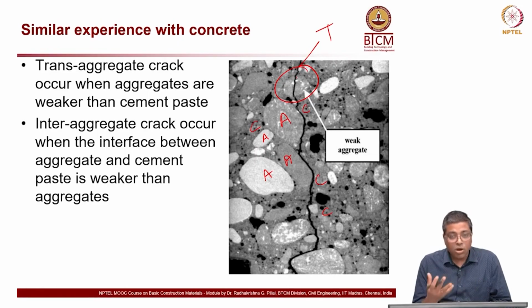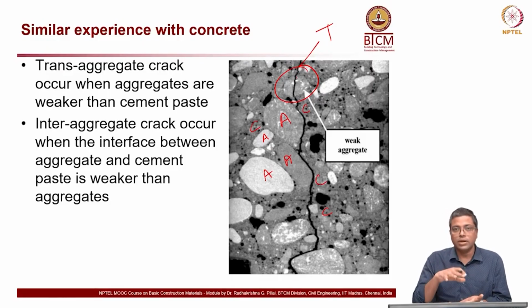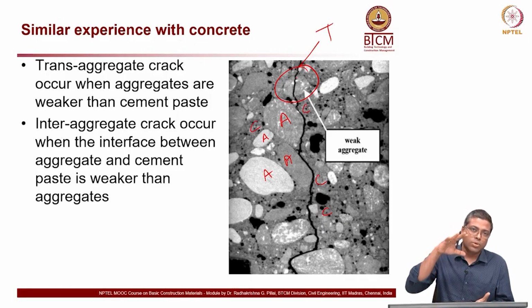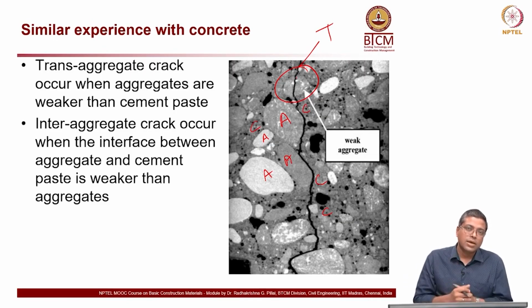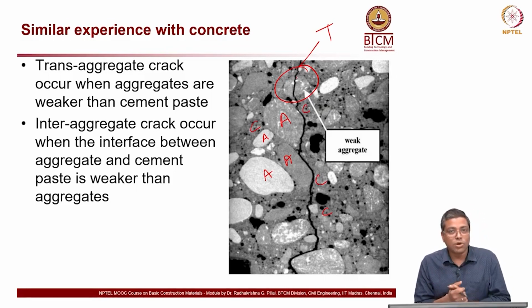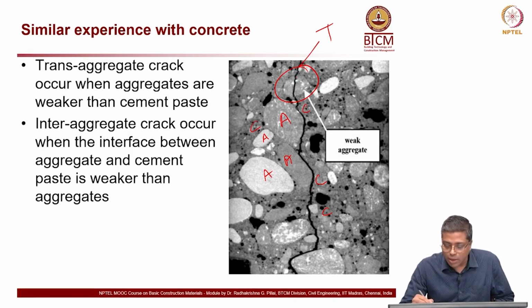Okay. So, in concrete, typically when we talk about high strength concrete, you will see that most of the times when it breaks, if you take a cylinder and test it in the laboratory class, when you compress the concrete, it will break, and at that time if you look at the fractured surface, you will see that in some cases aggregates will themselves be broken, and in some other cases you will see that aggregates don't break, but the fracture happens along the boundary of the aggregate, like this here.